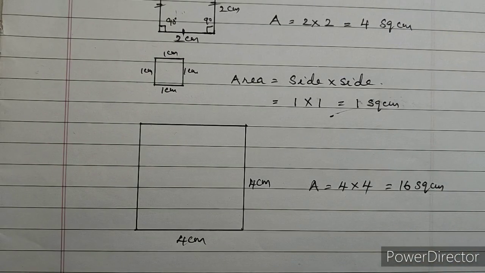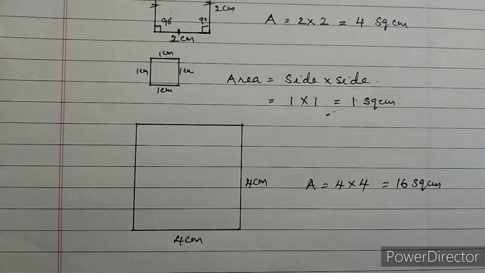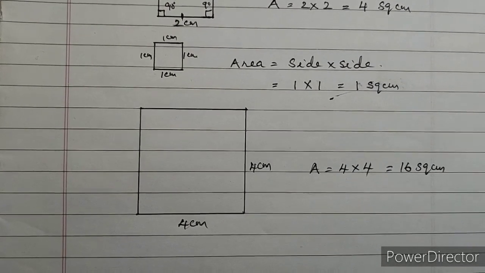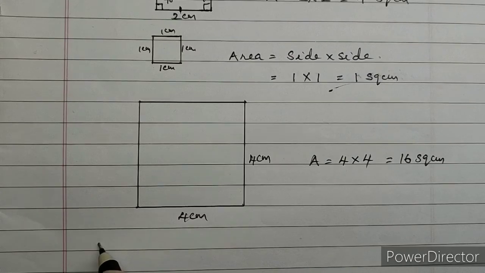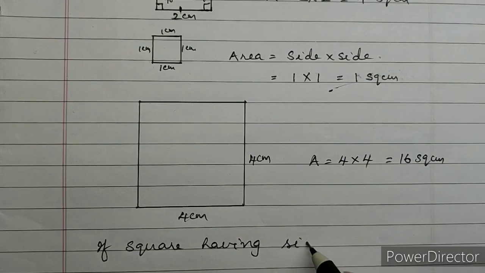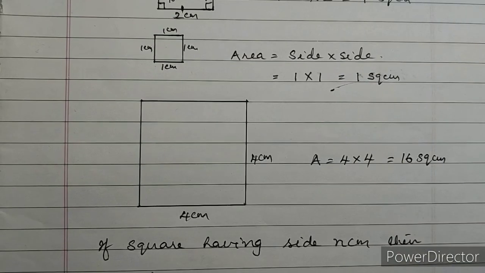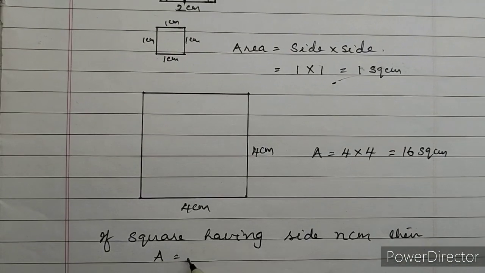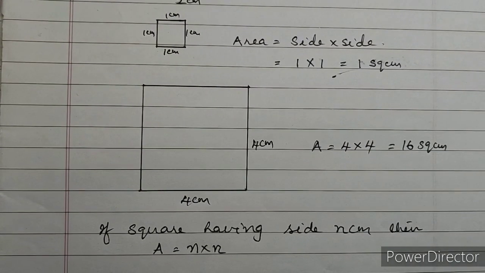So if any side is given, you can find the area of that square by multiplying the side into side, or side 2 times. Or in general, if a square has side n centimeter, then area is equal to n into n. So what is n into n?